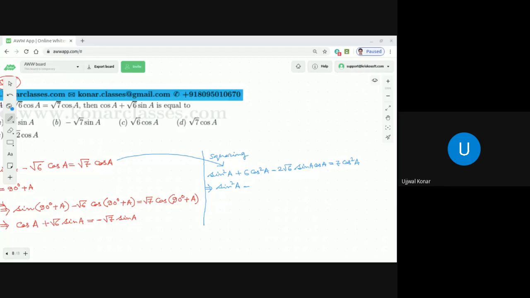So that means we get sine square A plus 6 cos square A. So what we are going to write is plus 6 into, we are going to write 1 minus sine square A.